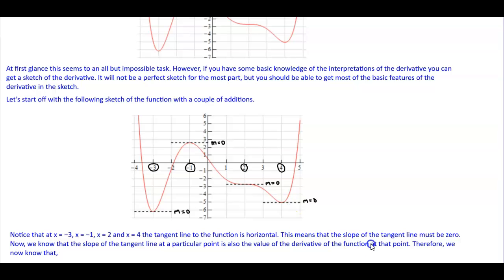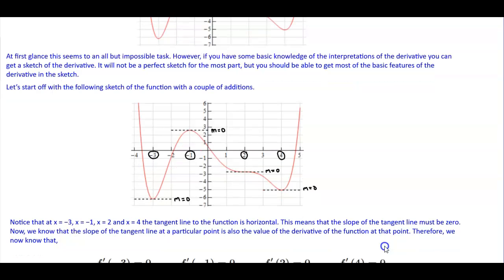This means that the slope of the tangent line must be 0. Now we know that the slope of the tangent line at a particular point is also the value of the derivative of the function at that point. Because remember, the derivative is the slope.